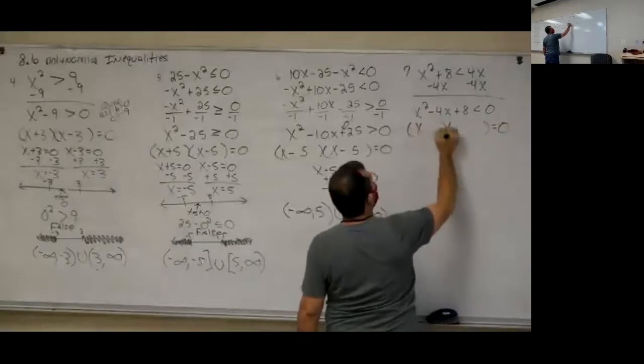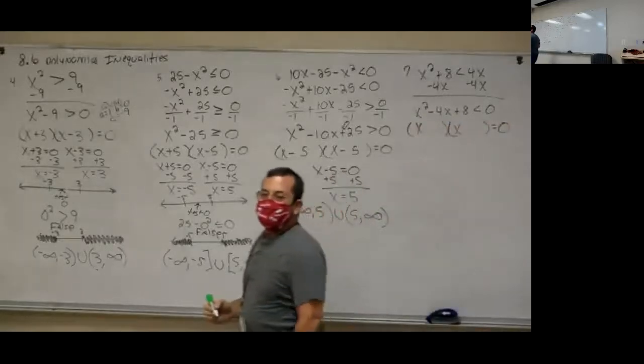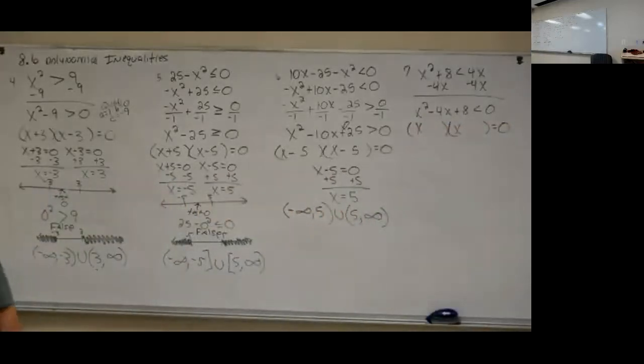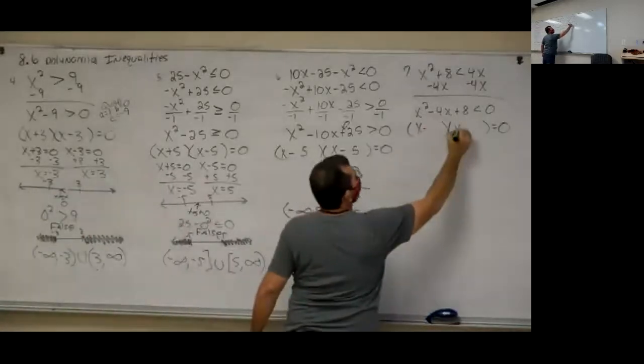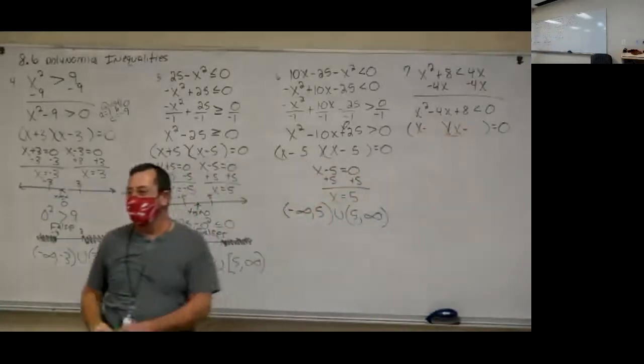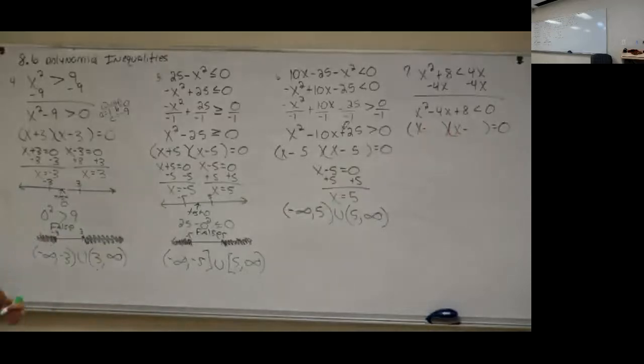So I've got an x and an x. What are these two signs going to be? Yeah, both of these are going to be negative. So all I need are factors of 8 that'll add to get me 4.